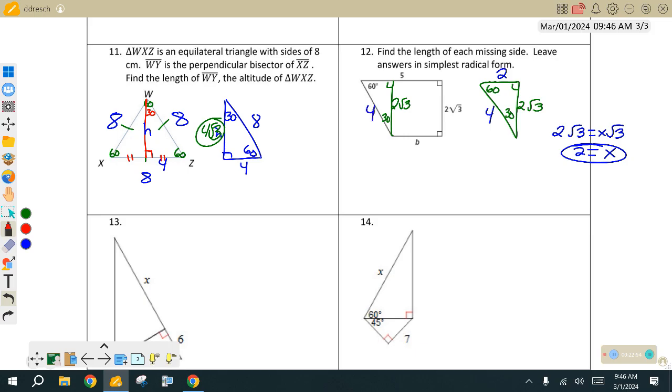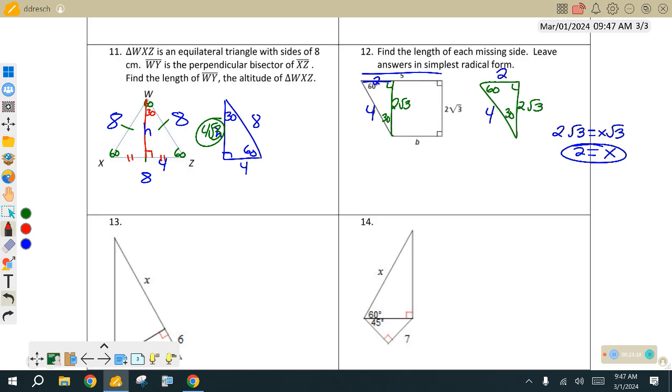So what's B going to be? B is what? B is 3. So this is 2, A is 5. Hold on there. This is 2, right? Yeah. This whole length is 5.